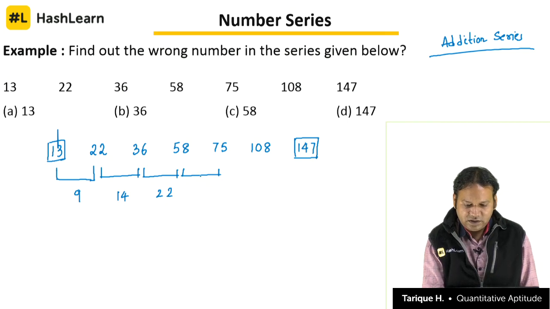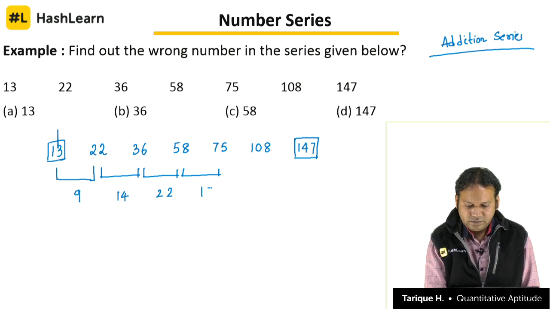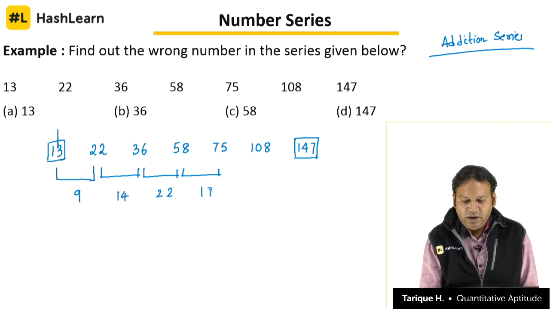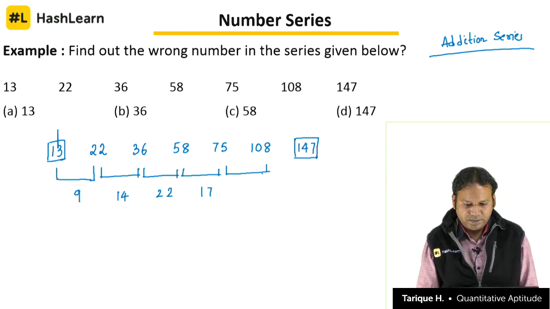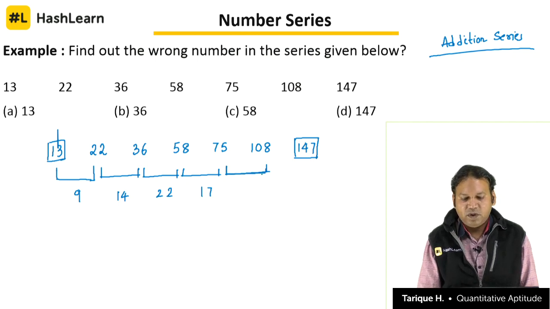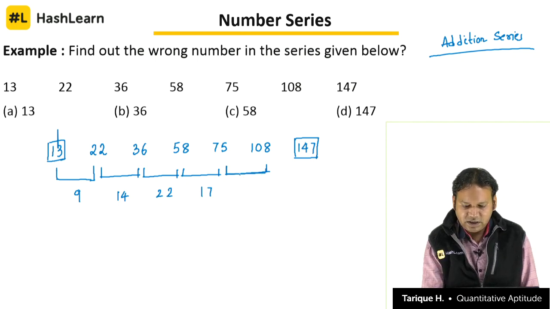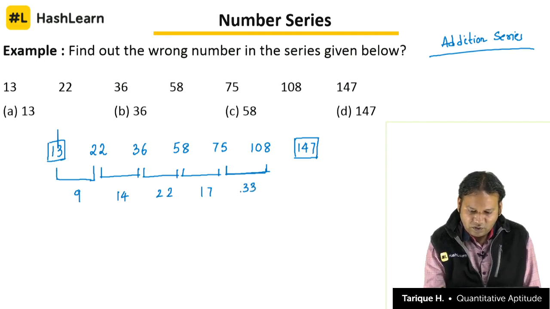So we have 17. And 75 and 108, the difference is given to us as 33, right? So I think there is something wrong with the question.